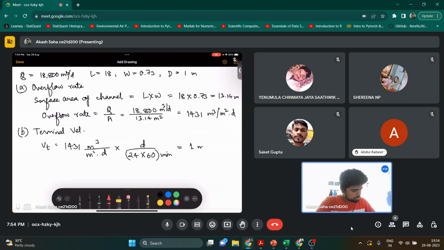So it will be around 1 meter per minute, or we can also write it in terms of meter per second, which will be equal to 0.017 meter per second. So my terminal velocity will be equal to my overflow rate for the smallest particle if it is removed at 100% efficiency. Fine. Shall I move forward? Is it fine? Just give me a reaction. Okay.